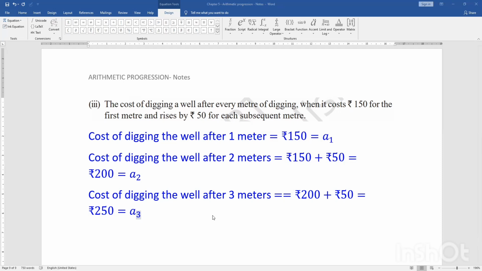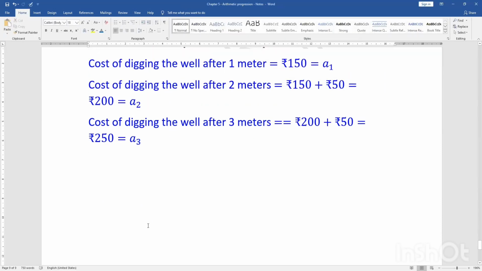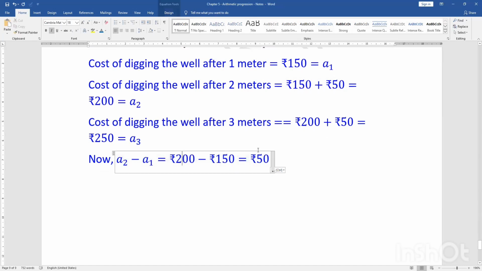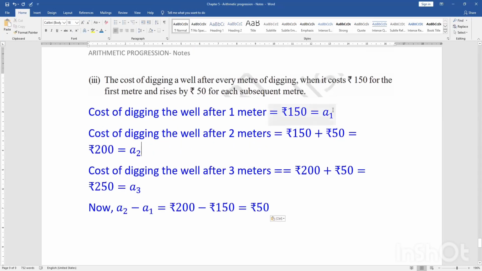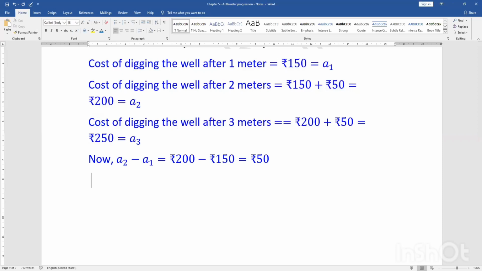So now let us check out A2 minus A1 and A3 minus A2. Now A2 minus A1 will be 200 minus 150, which is 50. Now let us see A3 minus A2.